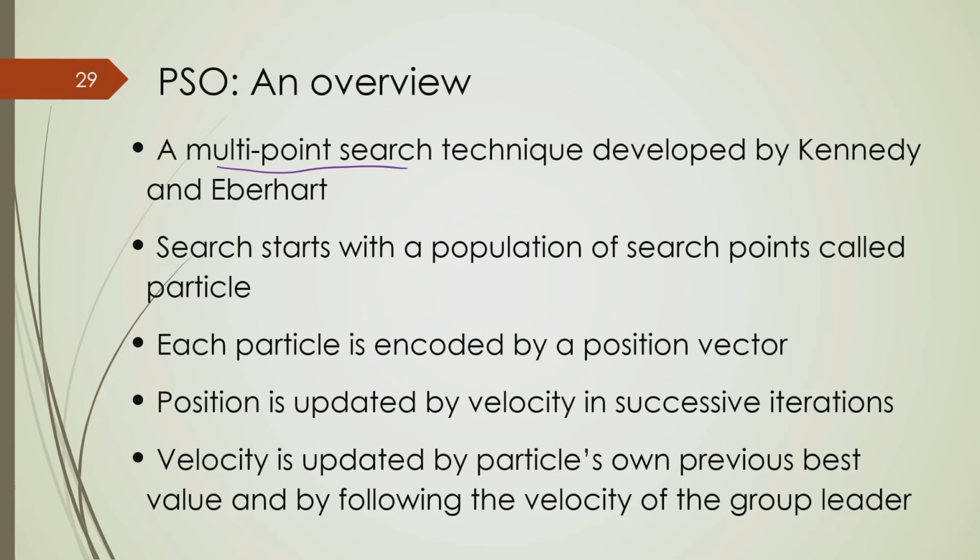But PSO, or the genetic algorithm, are population based search techniques, and that is why they are multi point search techniques. They start with multiple initial solutions, all randomly generated, and these solutions are iteratively updated to arrive at the best solution at the end.